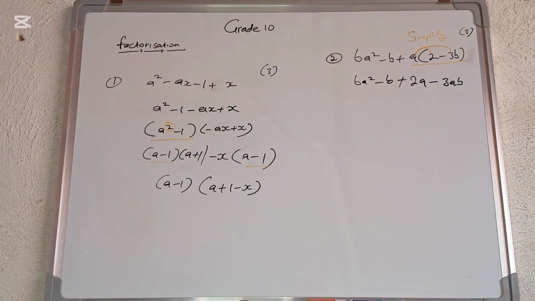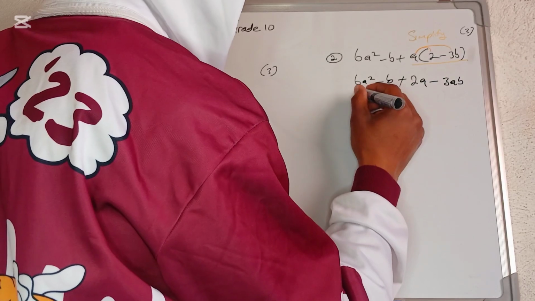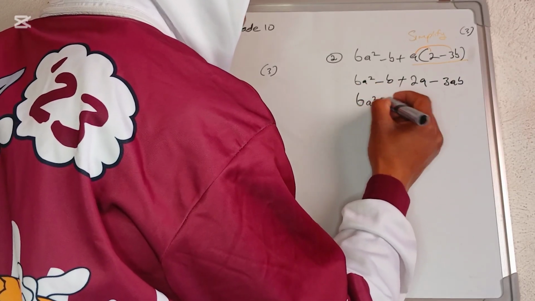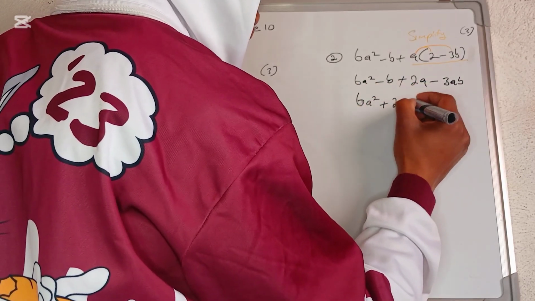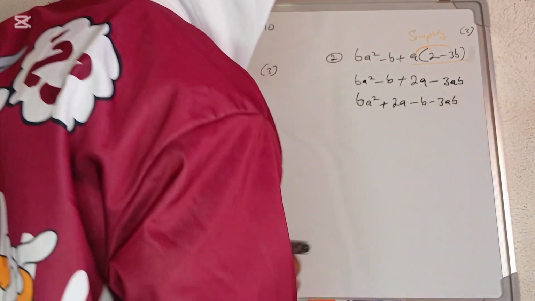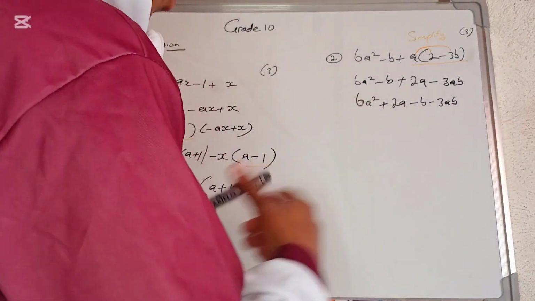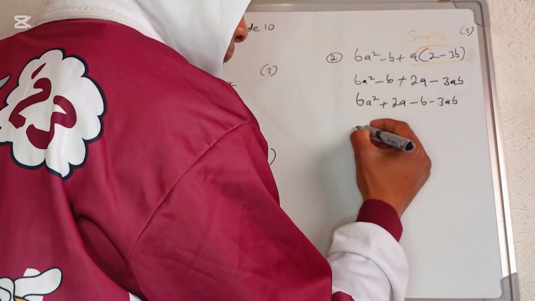You can solve it when it's like that, but you have to put it in the correct manner. So you're going to have 6a squared plus 2a minus b minus 3ab. Now you can start by grouping this equation.